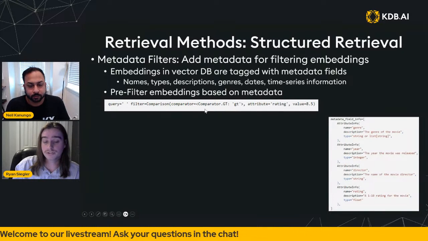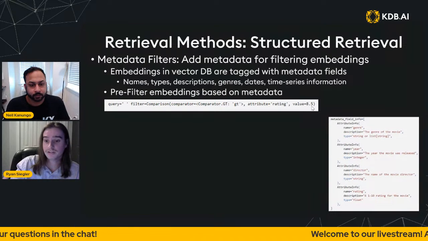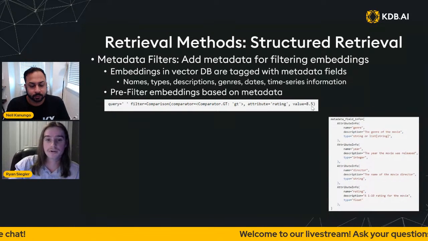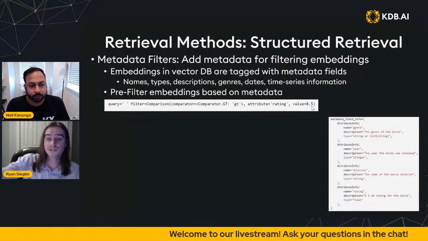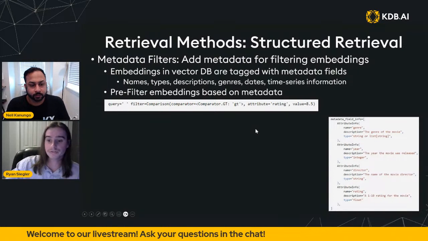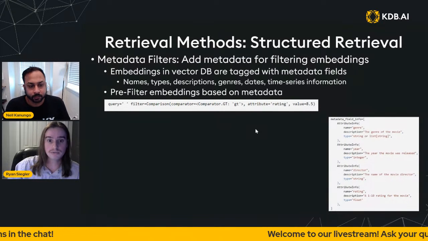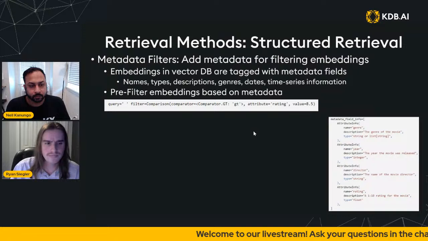Well, we can filter out all of the embeddings that have the metadata field of a rating greater than 8.5. And then we can do our similarity search with whatever query we want on only those movies. So this would increase the efficiency of our retrieval process.